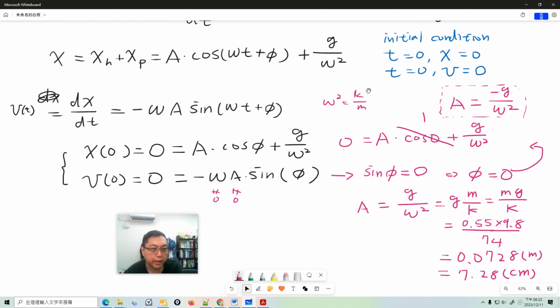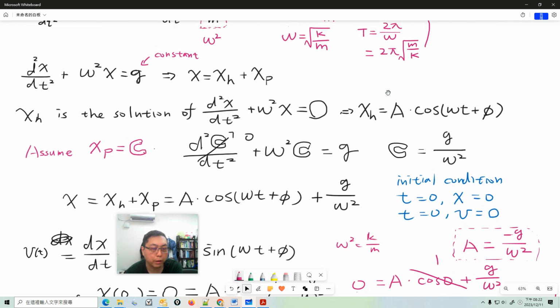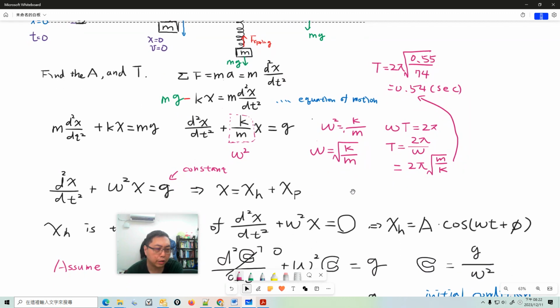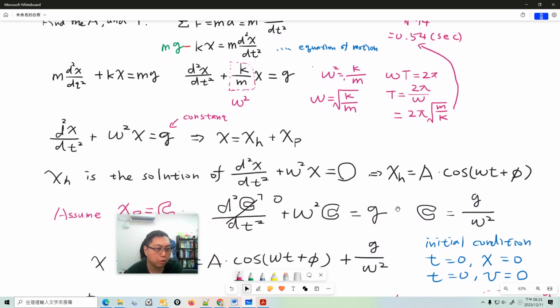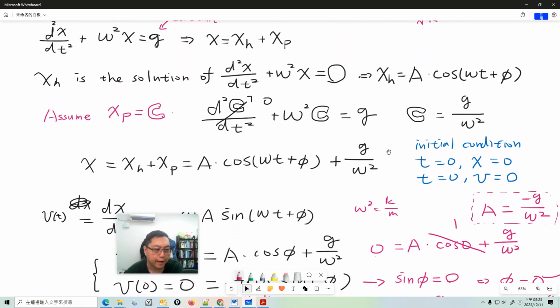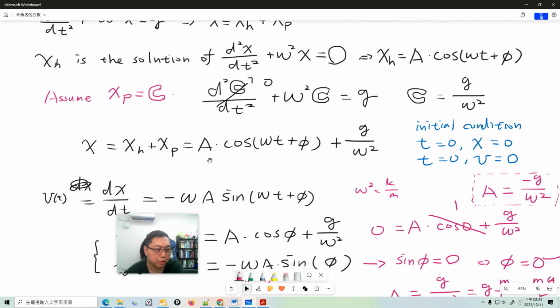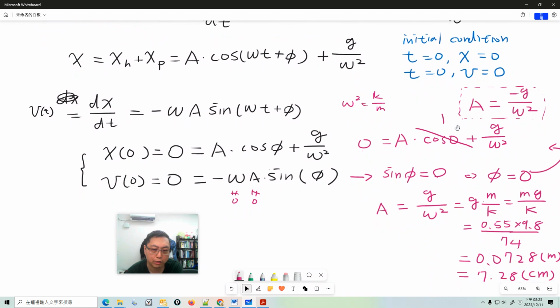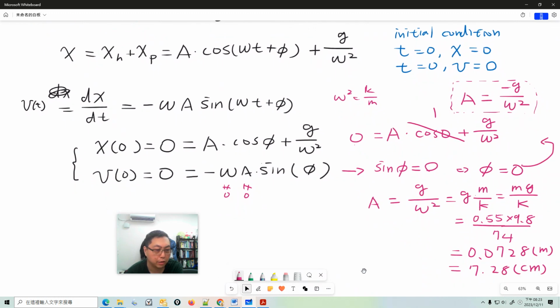In my notes, I assumed pointing down is negative and pointing up is positive, and now I defined pointing down as positive. It's kind of reversed, but initially I didn't think there would be a difference. Still, the amplitude has some issue here. It's negative, but the magnitude is right. The answer is 7.28 centimeters.